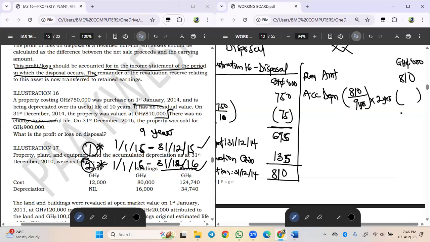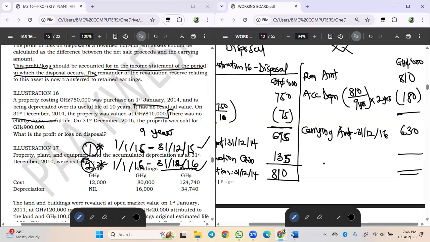So please, what is the depreciation here? $180. So please, what is the carrying amount as at 31st December 2016? 630.